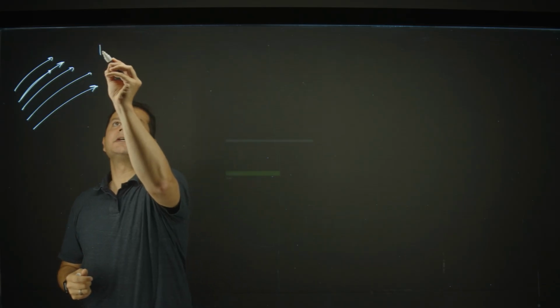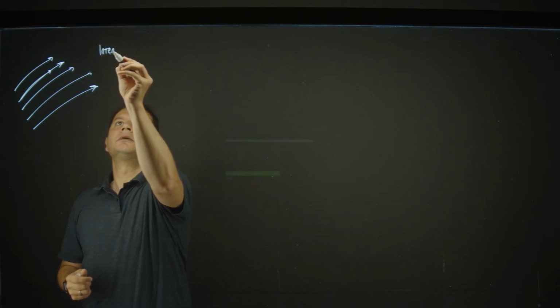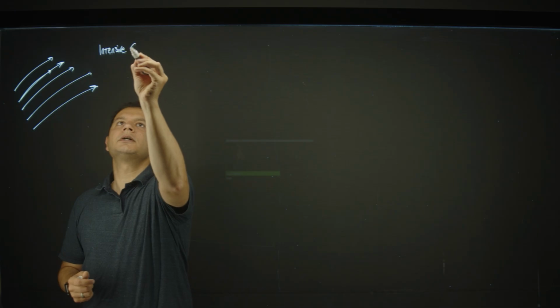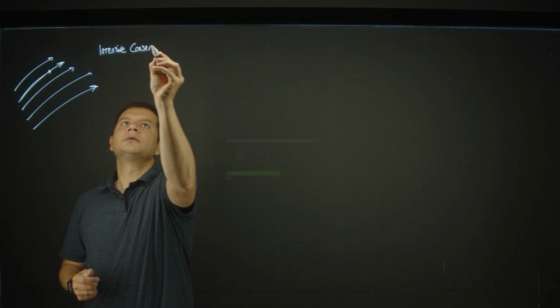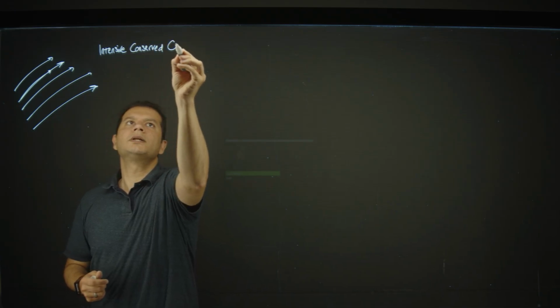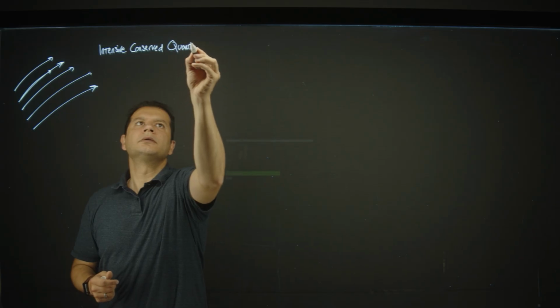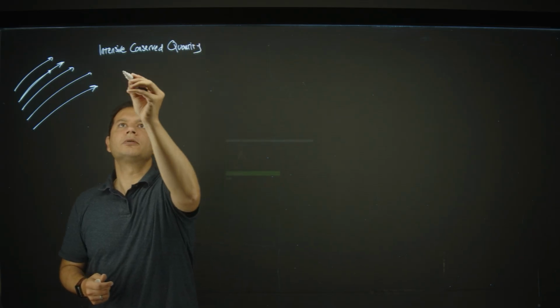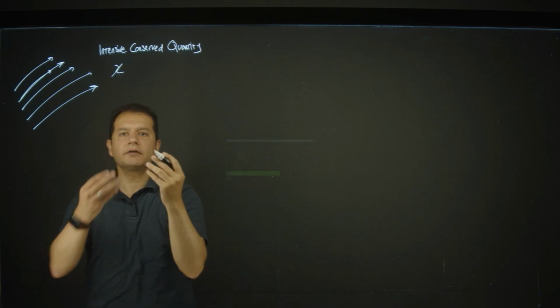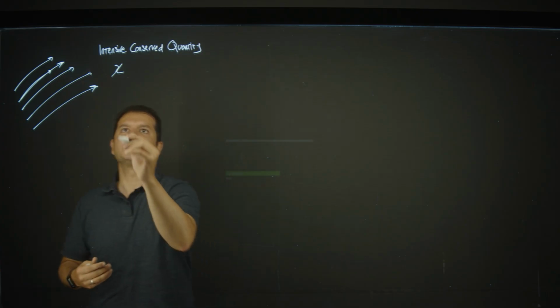So an intensive conserved quantity shall be called, let's say, X, which is the conserved quantity per mass. So this is per mass.